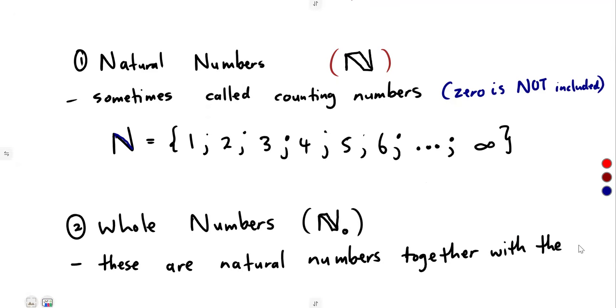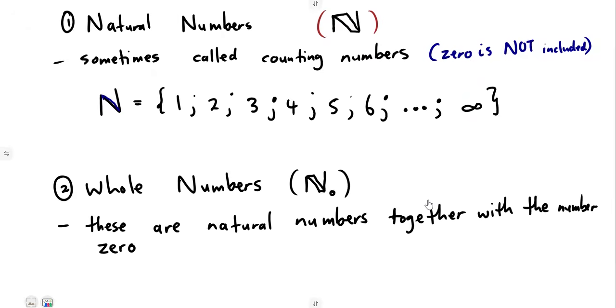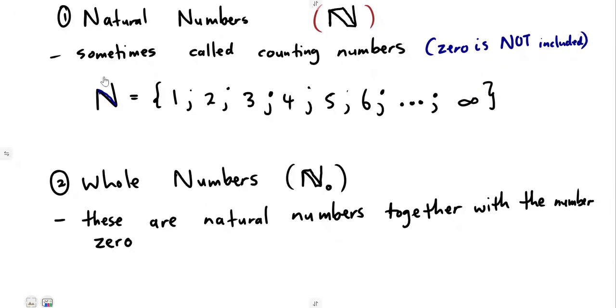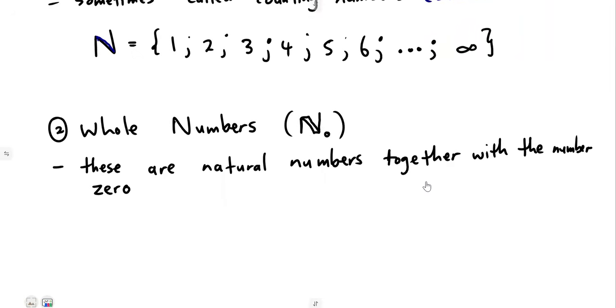All right, so that is together with the number zero, we now have whole numbers. So natural numbers, 1, 2, and so on, including a zero, are now the whole numbers that you are referring to.